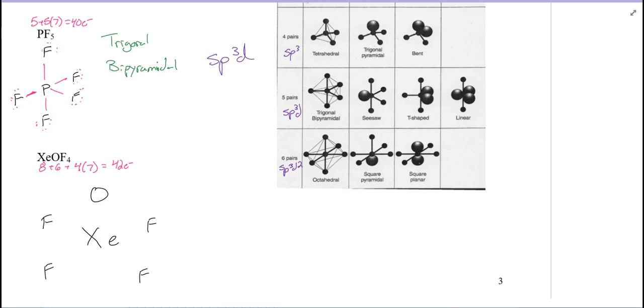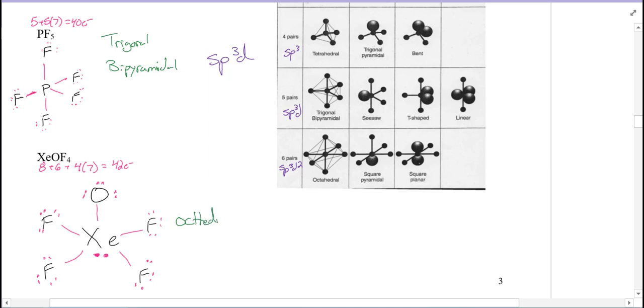Let's bond. 2, 4, 6, 8, 10, 12, 14, 16, 18, and so on up to 40, with 2 extra on xenon. Well, what's the electron pair geometry? That would be 1, 2, 3, 4, 5, 6 pairs, octahedral. Hybridization, sp3d2.